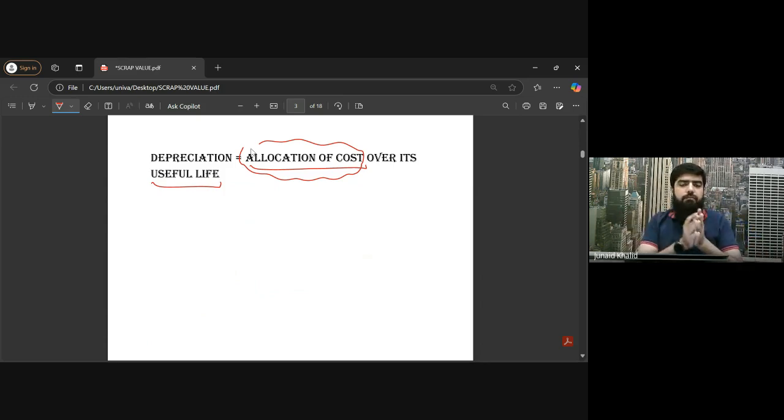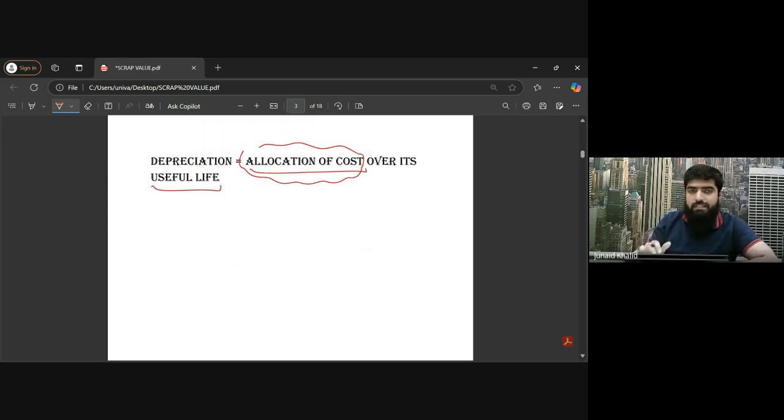For instance, if I've bought an asset for $1 million and I'll be using that asset over a period of 10 years, IAS 16 states that we allocate the cost over its useful life: 1 million divided by 10 equals 100,000 per year. On the basis of the accrual concept and the matching principle, the benefits and the expenses should match in a particular year. So in order to comply with the accrual and matching principle, we allocate the cost over its useful life. That is known as depreciation.